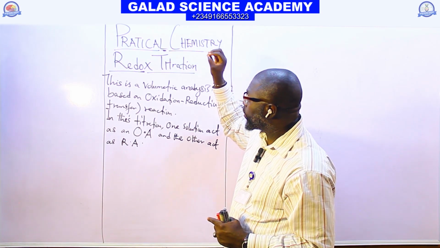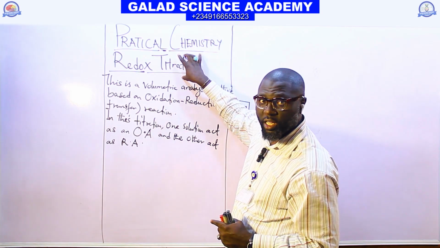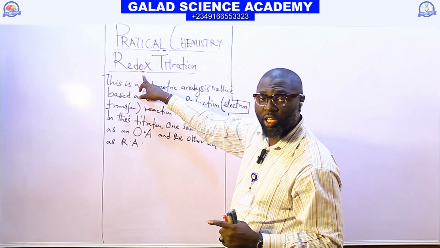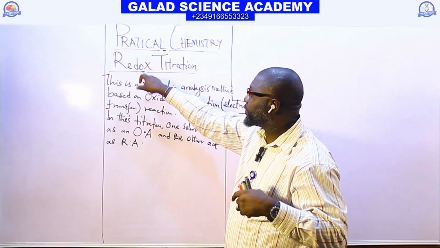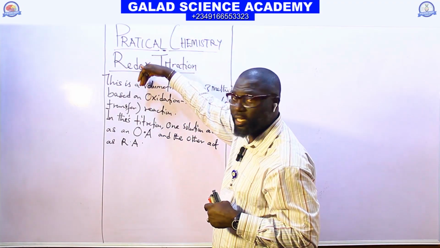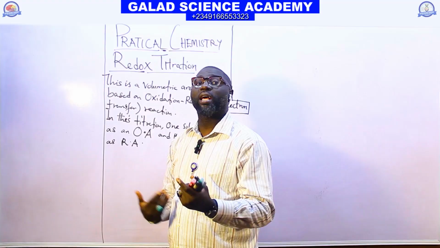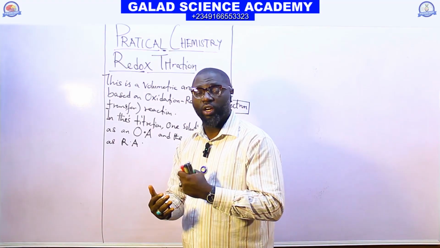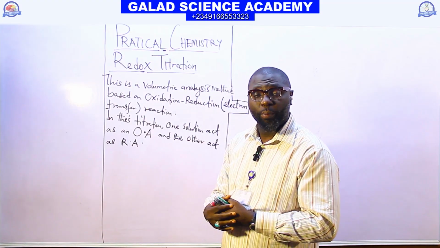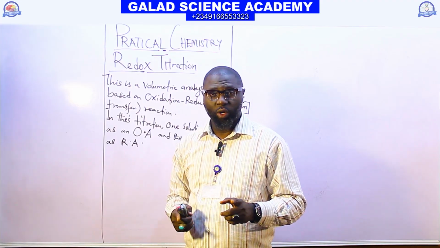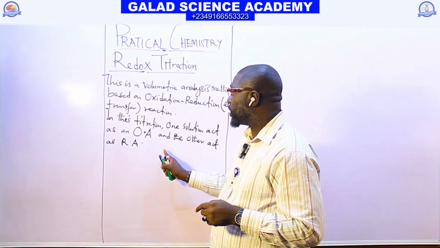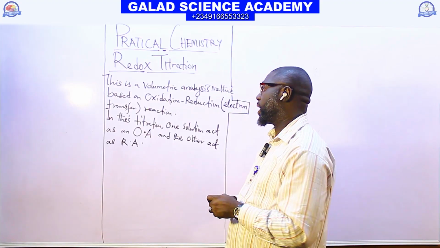If you have difficulty with redox reactions, you can check my channel. There is a video there that explains the redox reaction and how to balance it in both acidic medium and basic medium. It will help us in this practical.